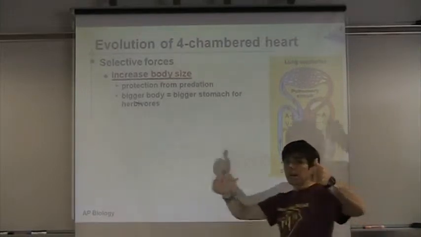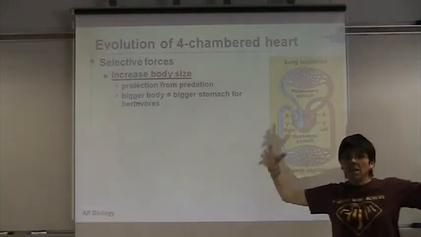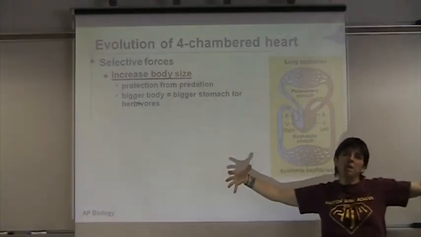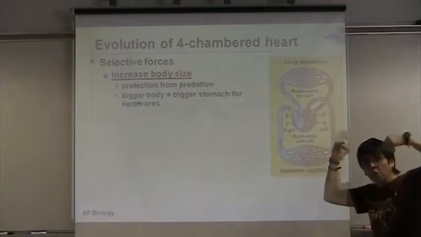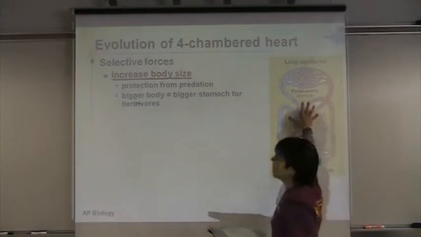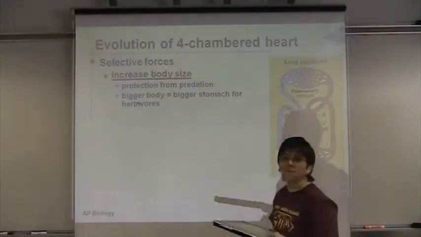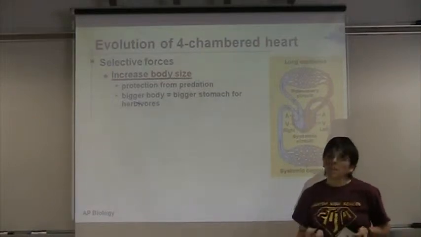If you have high pressure everywhere to the lungs and to the body, you are allowed basically to make your body bigger because you are going to have enough blood pressure to send that blood everywhere. So the evolution of the four-chamber heart allowed for an increase in body size, which you say, what's the big deal about it?